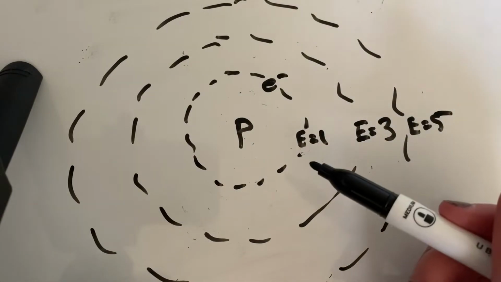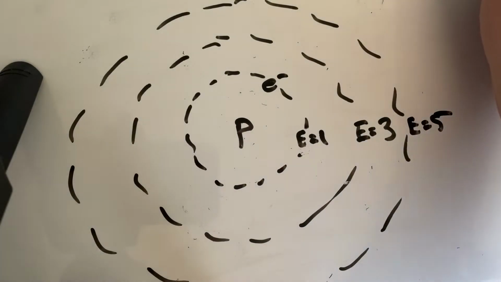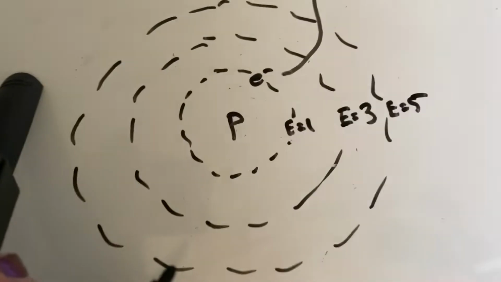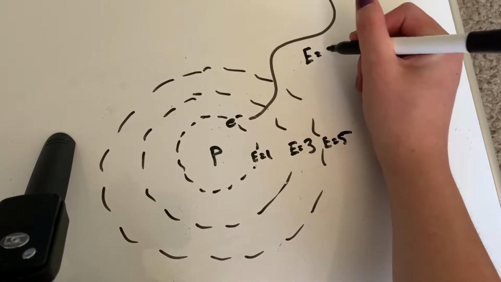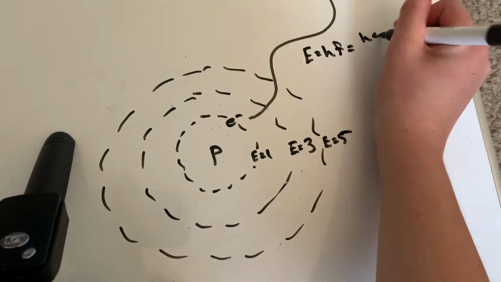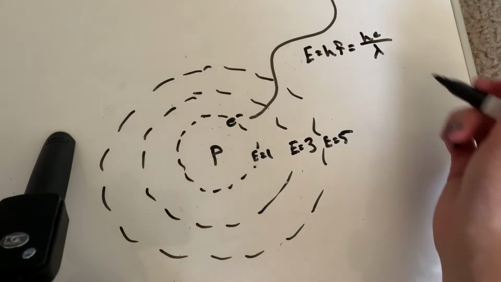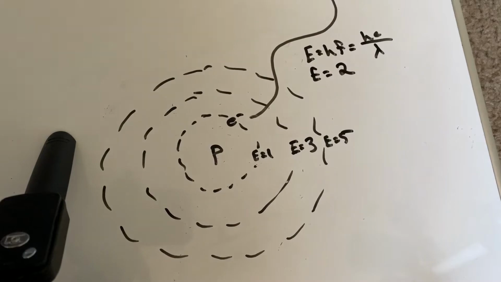Now what if we put this hydrogen in the way of some light? So let's send in a light wave. This light wave comes into the atom with some set energy. If you remember, the energy is equal to Planck's constant times the frequency, or Planck's constant times the speed of light divided by the wavelength. So let's just say that this light comes in with an energy of 2.